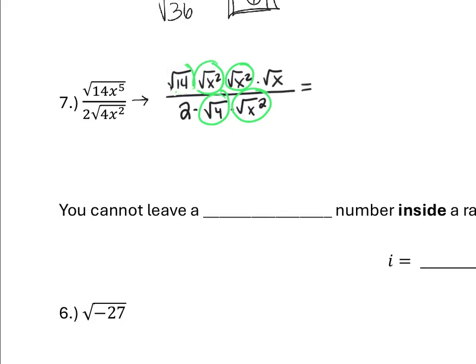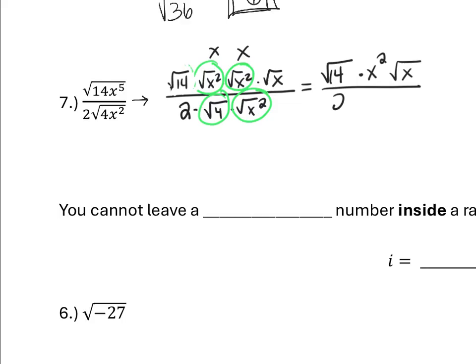All right, so let's simplify our x squareds and then our denominator. Okay, so we get square root of 14 and then times, this is x and this is x, so x squared. And then that square root of x doesn't simplify.